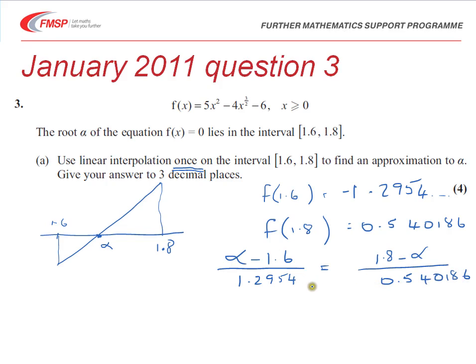Now exactly how many decimal places you use at this point doesn't really matter, as long as you use sufficient. If we're asked for 3 decimal places, then at least 4 decimal places are required in your calculation if you're not going to use the full value of the function in your calculator.